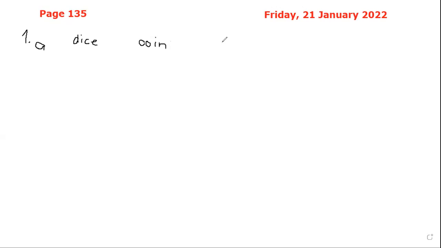And then the combined outcomes. Please follow this number 1, letter A, so that you can answer the next letters. We know that a dice has 1, 2, 3, 4, 5, and 6. Now, in a coin, we can have a head or a tail.